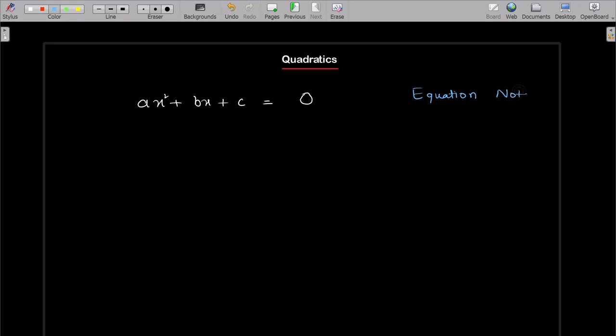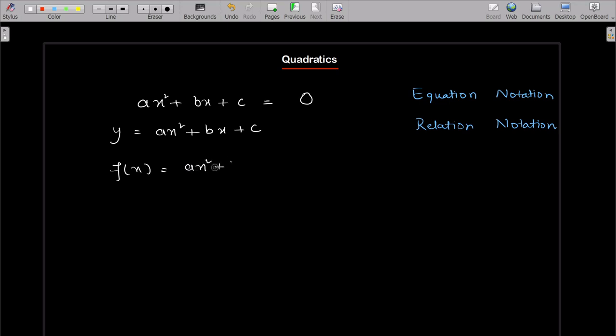Second is when it's given like this: y is equal to ax squared plus bx plus c. This is called the relation notation, because a relationship is given between two variables, y and x. Then the third is called function notation, which will be like this: f of x is equal to ax squared plus bx plus c.